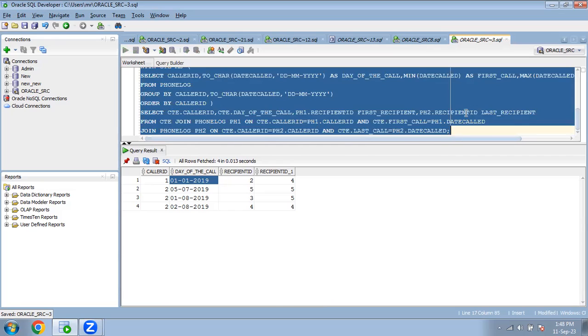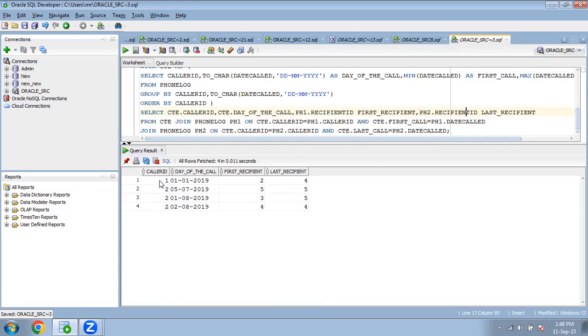So for each caller and each day, I am getting the first recipient matching that first call detail, and the last recipient matching that last call detail. So this is the output I have got.